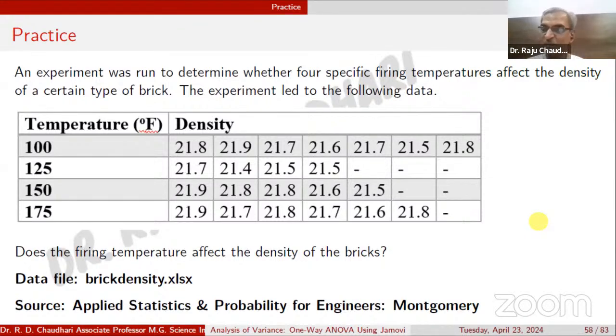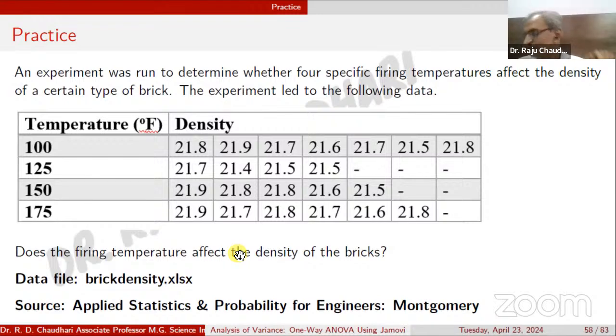Either you can create in Microsoft Excel or as a CSV file, or directly enter. Say, for example, my first column is density. So just go on entering the values 21.8, second value 21.9, 21.7 and so on. Once the 100-degree temperature data is over, you can continue with 21.7, 21.4 and so on. That is your first column.